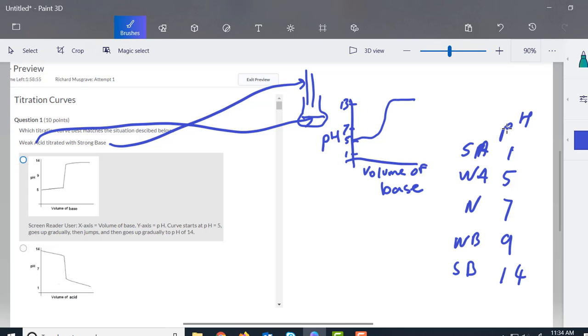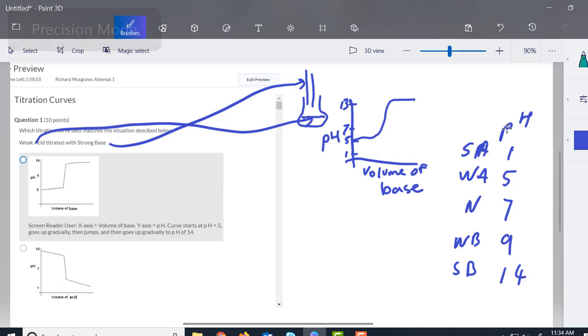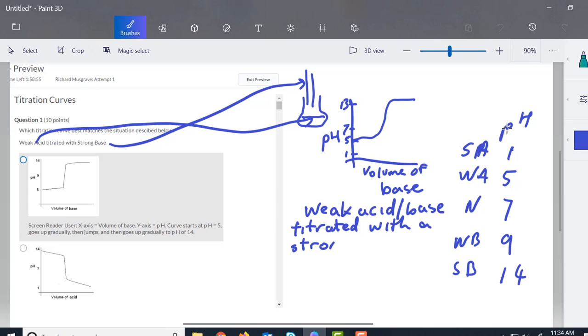Now the definition of a buffer is one where you've got a weak acid or base being titrated with a strong acid or base, obviously the opposite of what you have in there.